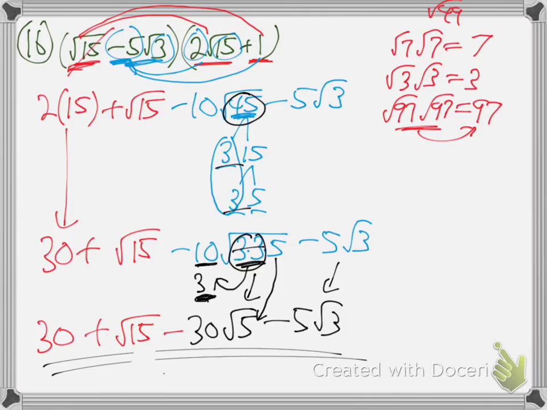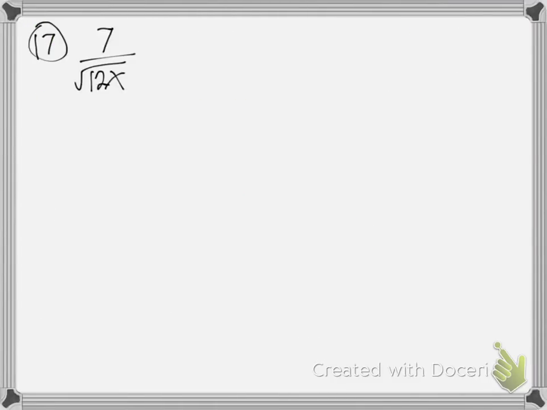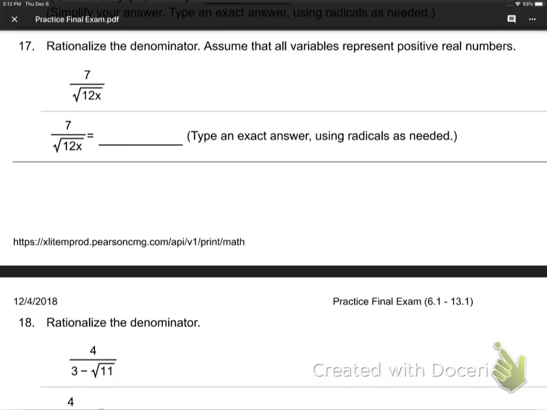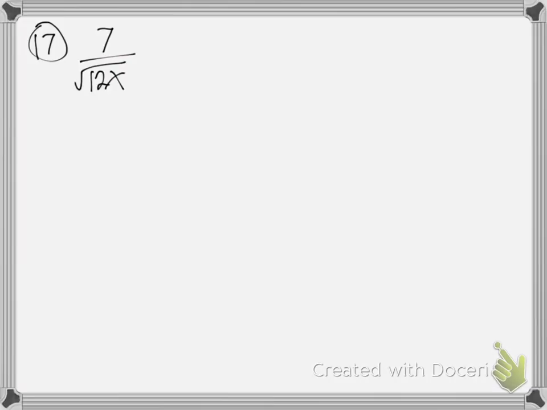There we go. Okay, so this one they want us to write, it says right if you look here, rationalize the denominator. So that means we got to get rid of roots from the bottom. But first I would break down this 12. Always do that first, makes things easier. 4 times 3, 2 times 2. So this becomes what?